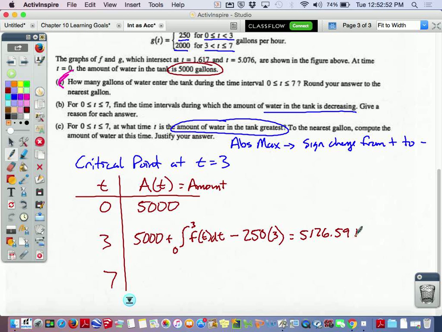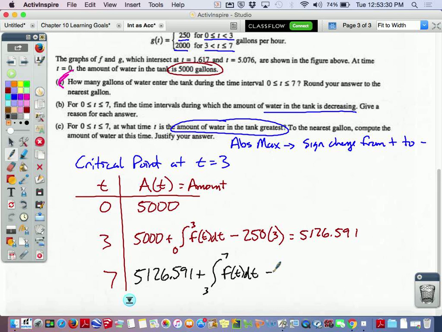Now, on to figure out how many gallons of water are in the tank after 7 hours. There's a couple of different ways that we can do this. We can do the exact same process we did in the previous one, or we can say, well, I know from 0 to 3, I've got 5,126.591. And now I just have to add and subtract what happens with the water from 3 to 7 hours. So to this amount, I'm going to add what we've accumulated from 3 to 7, and I'm going to subtract how much we lose from 3 to 7.